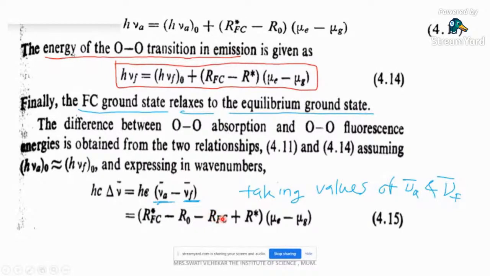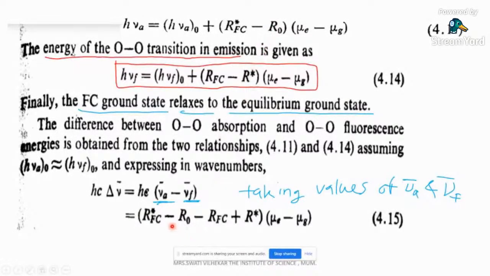So R FC minus R star. The value inside the bracket will be minus, and this value is already minus, so minus minus gives a plus factor. So plus R star in bracket mu e minus mu g. As these are constant factors, if you go on writing this you will easily get how they derived the equation from these two equations.